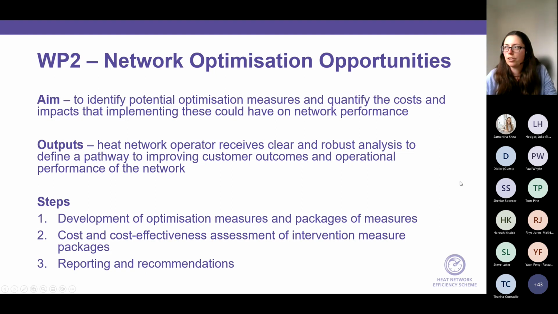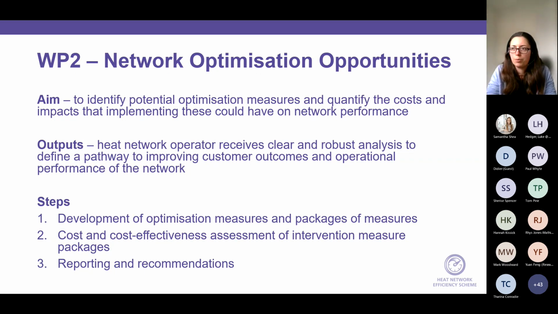Okay, so moving on to work package 2, this is the network optimization opportunities. So this is essentially taking the current state of play of the heat network and identifying any particular measures that might help to improve the efficiency of the heat network. And what we'd be looking for is for these to be fully costed, and the impacts of putting these measures in that they would have on the heat network, again, in terms of performance and in terms of improving outcomes for customers.